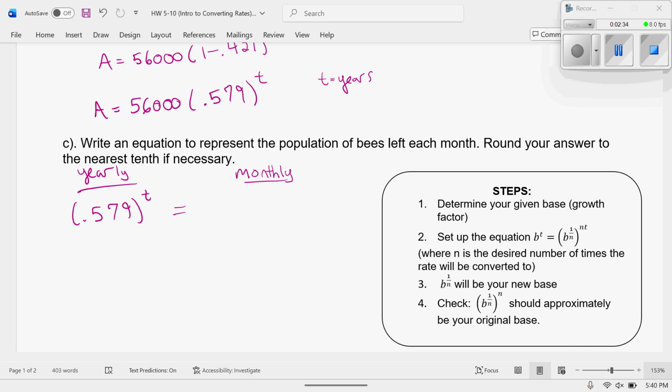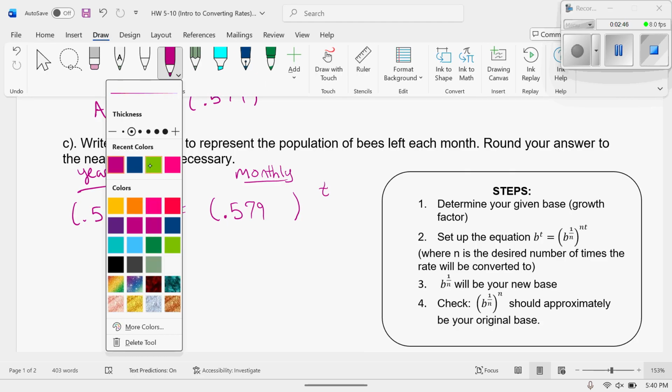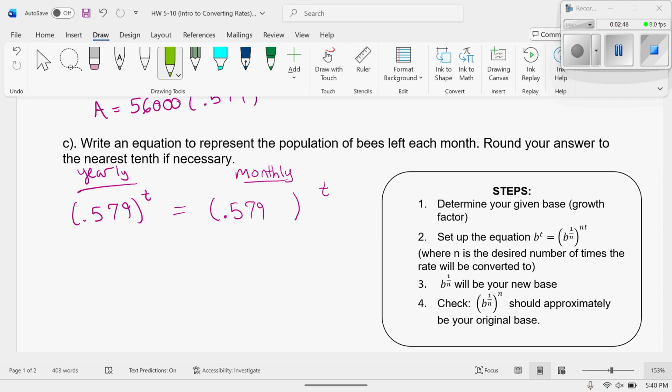So we're going to start with what we have, and we have 0.579 to the T. Now, think about it. We have a whole year. We don't want a whole year. We want 1 month.